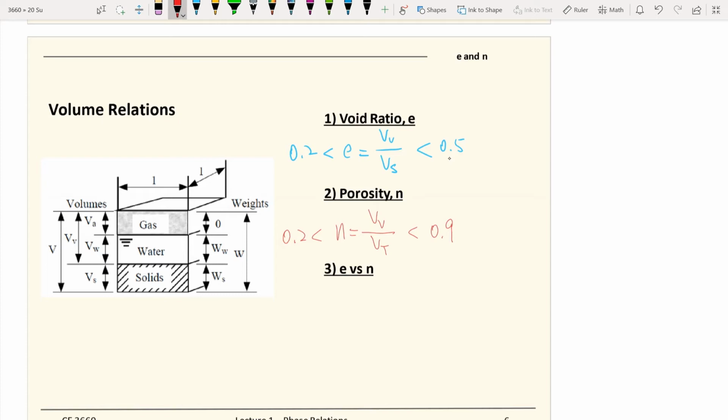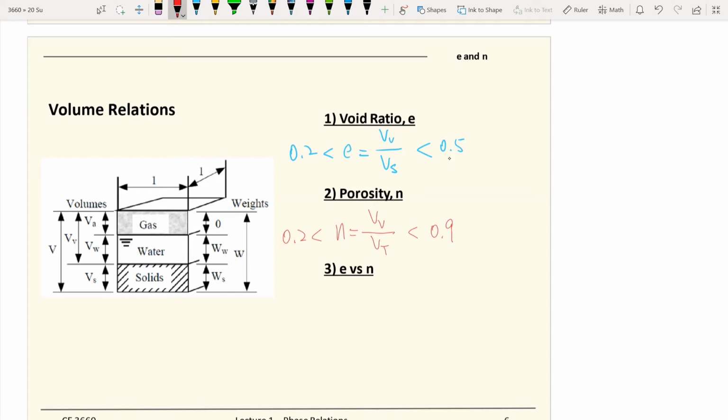It highly depends on the application, because very likely geotechnical engineers many times need to reference the volume of solid, so it's more material-based. But for transportation applications, in more cases they need to reference the total volume. So they will use porosity more often than we do.